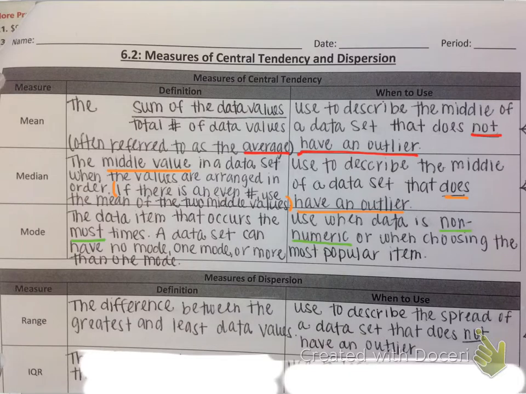The range is the difference between the greatest and the least data values, which means we do what? Subtract. And we use it to describe the spread of a data that does not have an outlier. Why do we want it to not have an outlier?